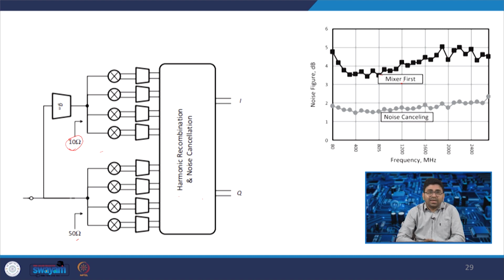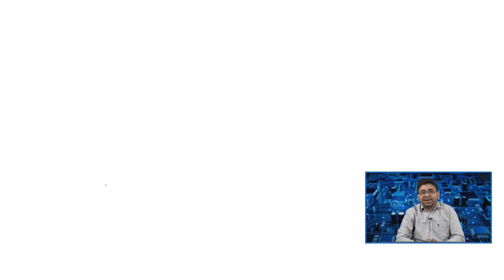So, if I want to summarize here, we have started discussing the mixer design. Initially we discussed the parameters of the mixer, various parameters like conversion gain, linearity, feedthrough, that all has been discussed.